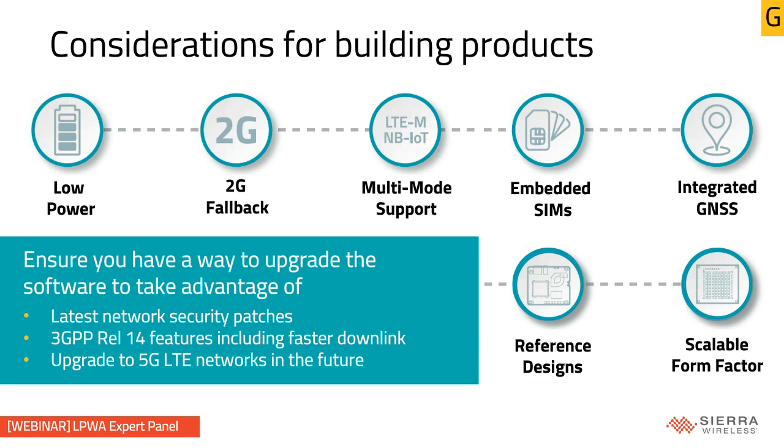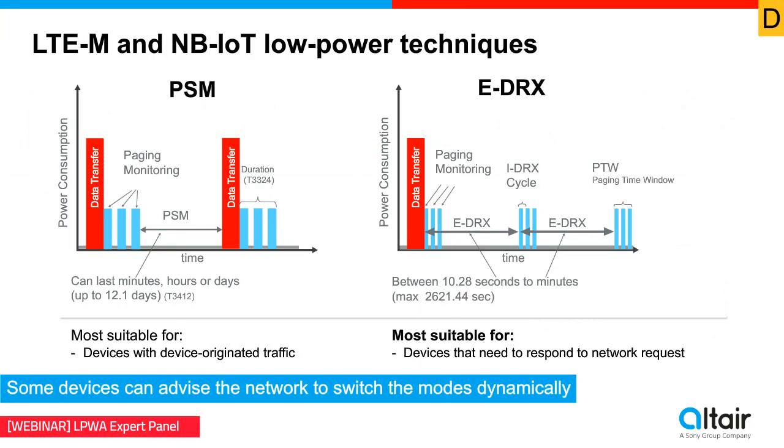And with that, I'm going to throw it over to Dima to talk about power. Thank you, Gus. Before going to more question and answers, and since we are dealing with low power in this webinar, we wanted to review the 2 main techniques that we get from LPWA in order to achieve low power in cellular devices.